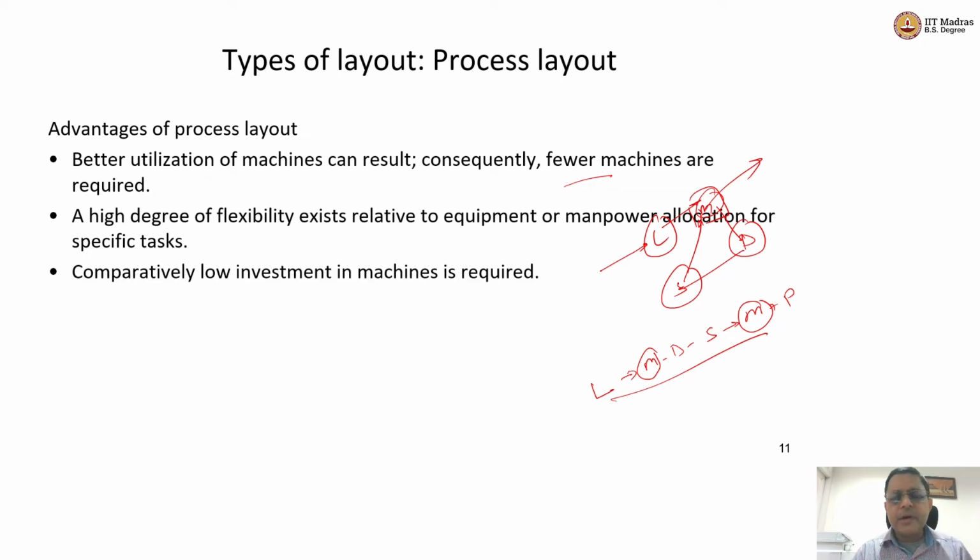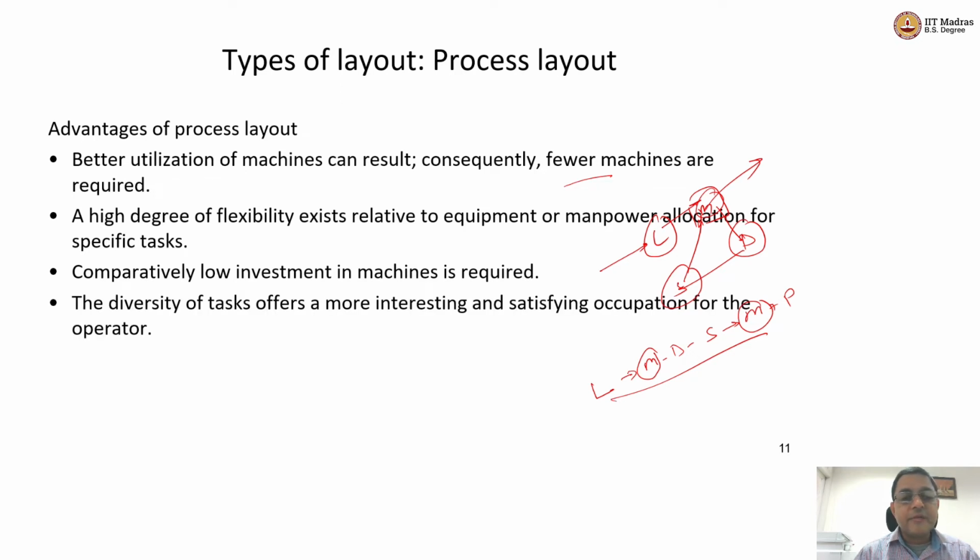As I said earlier, I may not have to invest in multiple machines. Therefore, the capital investments may be lesser than what they are for the product layout. And because of the flexibility, the diversity of the tasks that can be processed is really, really large. And therefore, it becomes more interesting and satisfying for the operator. In the product layout, the operator is working on a single product, right?